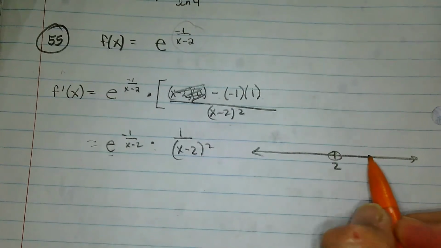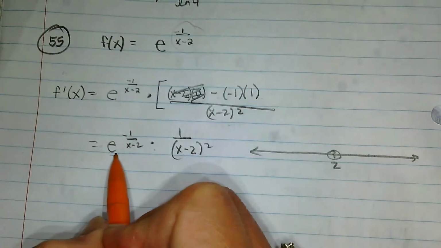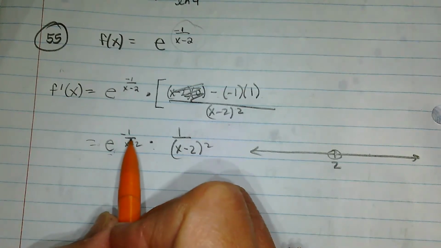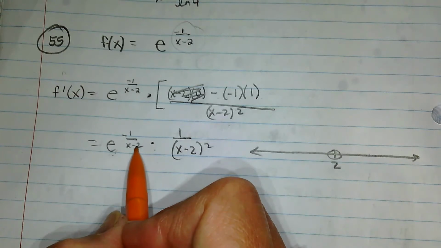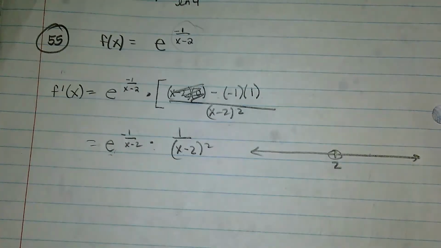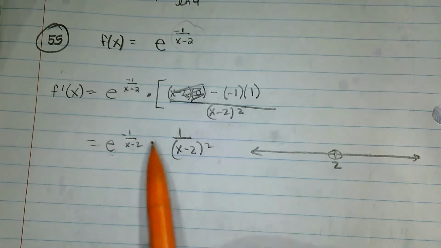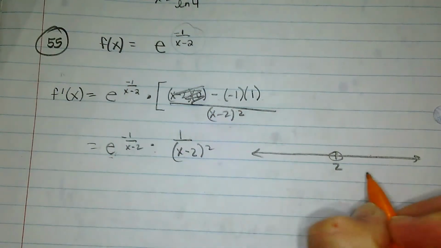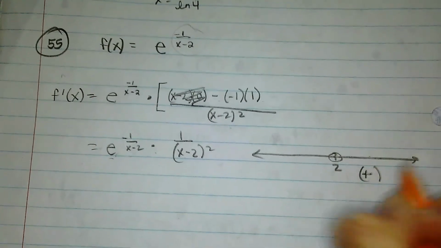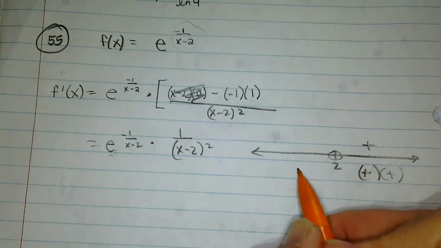So we now need to test something bigger, which would be 3. Now, 2.7 to anything, no matter how positive or negative, is going to be positive, because even if this gets to be a huge negative number, it's just going to be a really small positive decimal. So this is always going to be positive, so I'm plugging in 3. And 1 over, this is always going to be a positive, so this is always increasing.